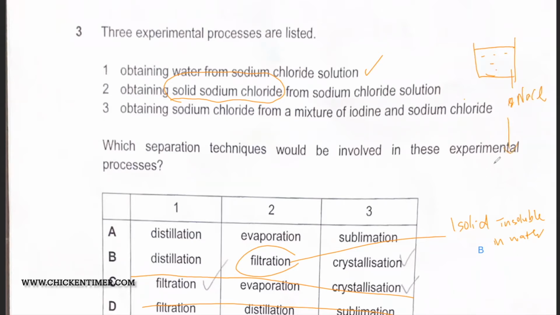If we do filtration, you pour the solution in here, then it all drips out and looks the same. The sodium chloride particles will not be caught by the filter at all, because it is soluble. So this one is out. Because this is an MCQ question, options B, C, and D are out, so your answer is straight away A. But of course, I have to explain why it's evaporation and why it's sublimation.